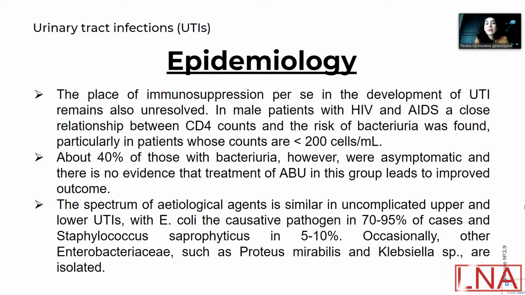The place of immunosuppression therapy in foreseeing the development of urinary tract infection also remains unresolved. For example, in male patients with HIV infection, a close relationship between CD4 counts and the risk of bacteriuria was found, particularly in patients with counts of the cells less than 200 per millimeter.